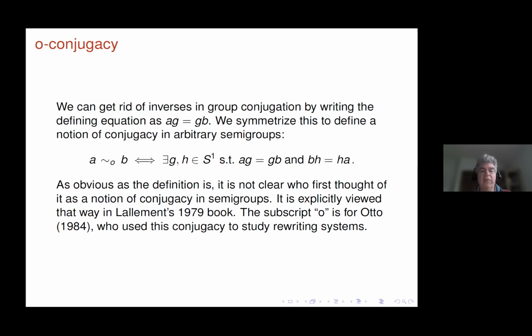But some of the theorems that he proves about it predate him, and perhaps thinking of it as a conjugacy does too. The reason we call it tilde sub O is for Otto, who used this to study some types of rewriting systems. Used it quite extensively, in fact.